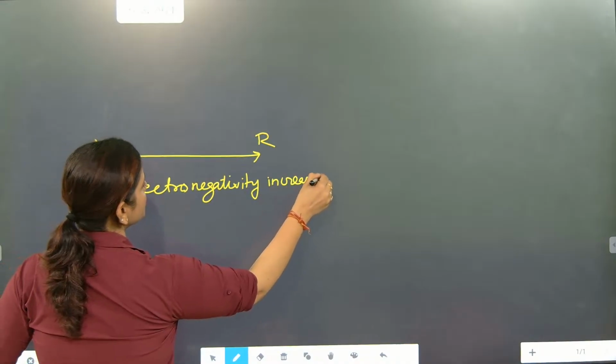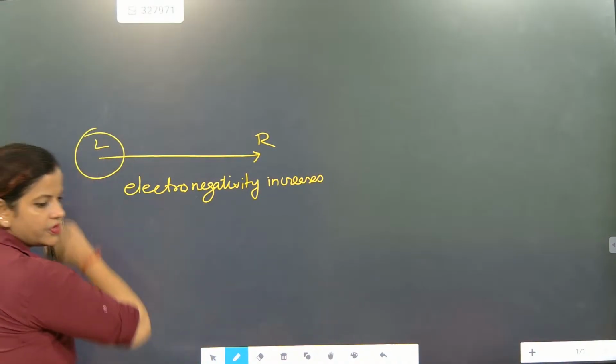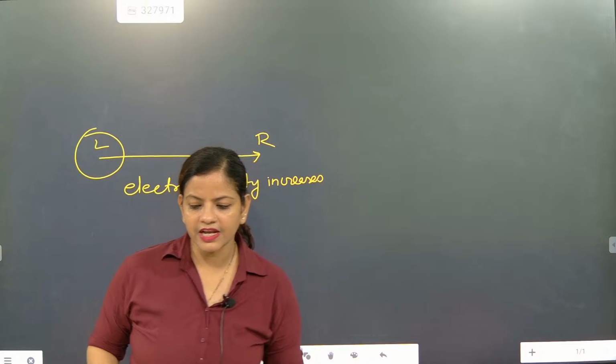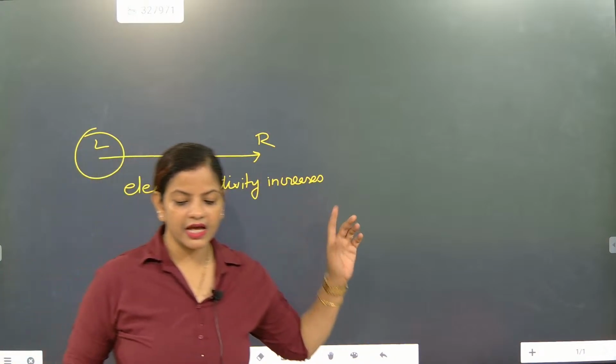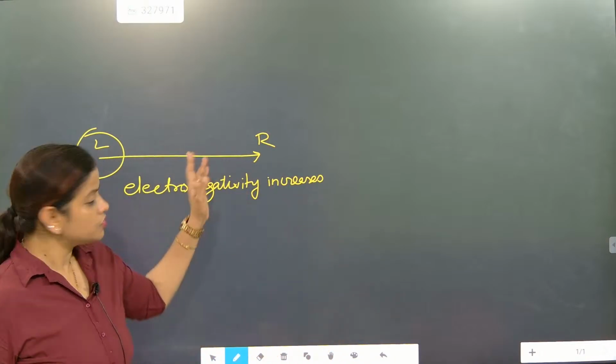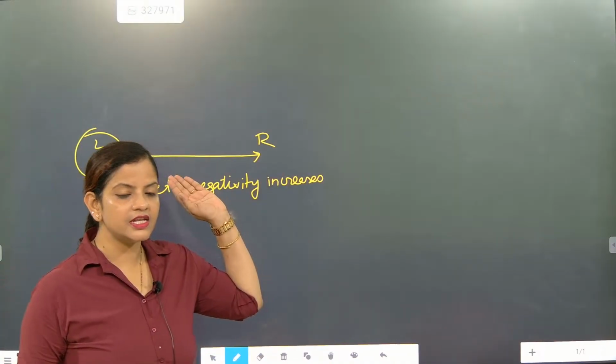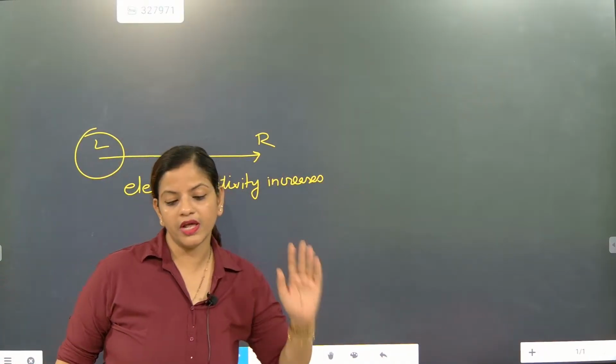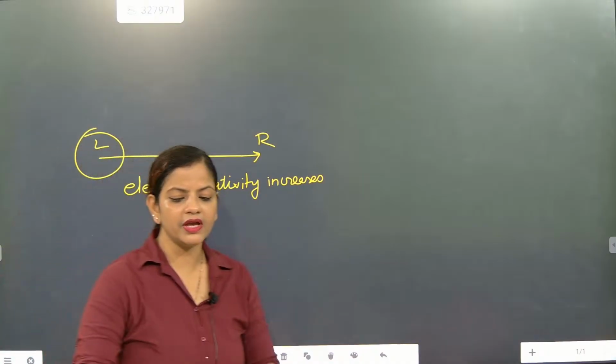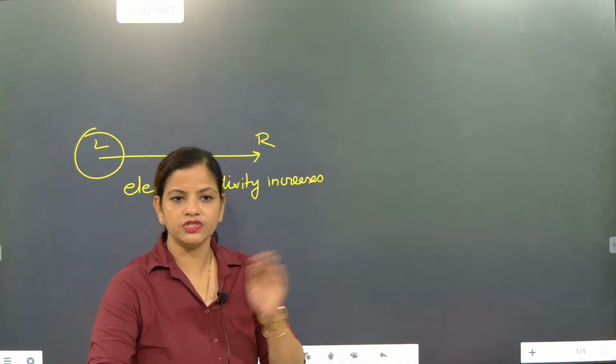Understood? So the elements on the left side are less electronegative, and the right side is definitely more electronegative. So beta, left side is less electronegative and right side is more electronegative. Now we are going to make a chemical compound with that using the crisscross rule.